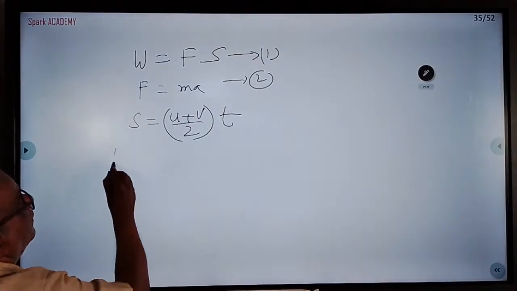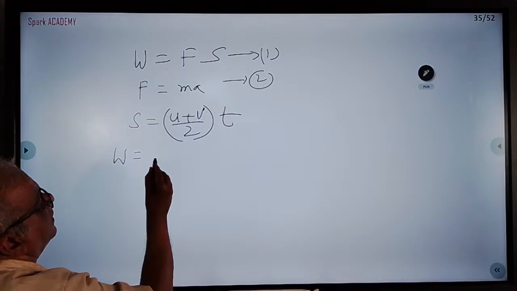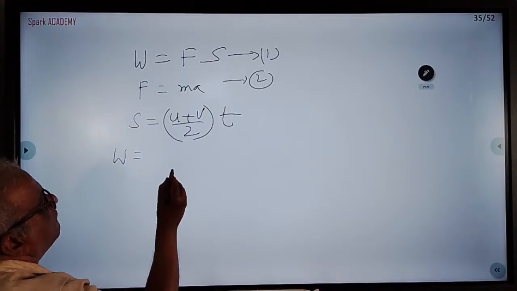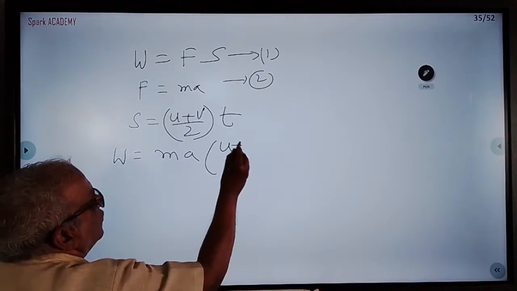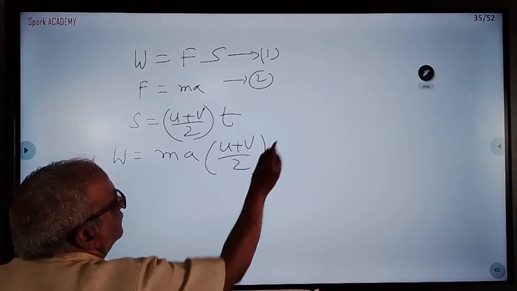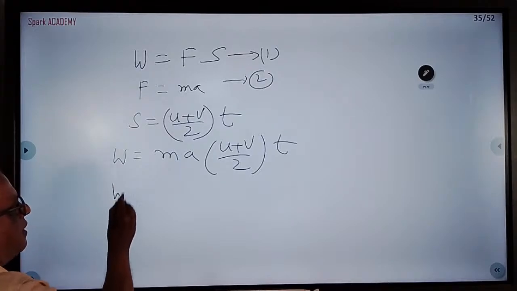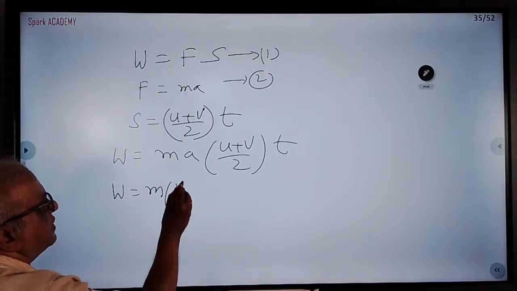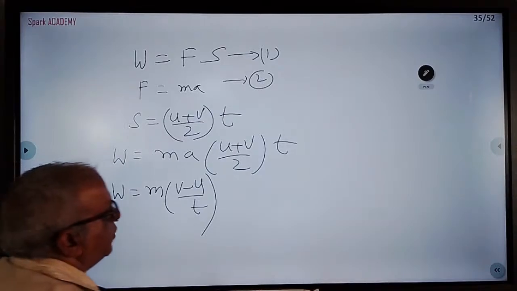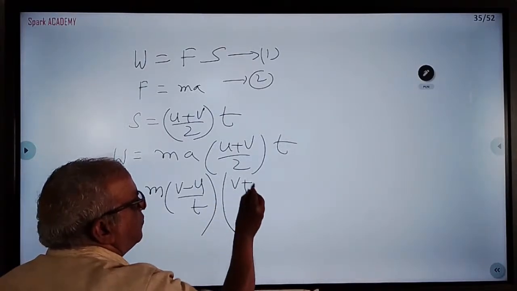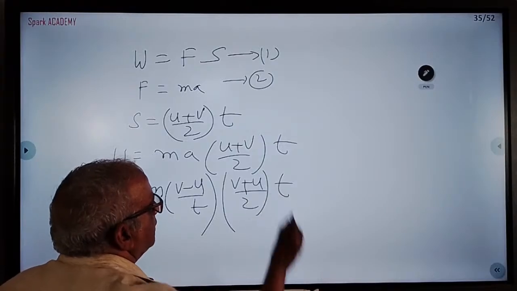Substitute these two in the first equation. F is ma, s is (u plus v)/2 into t. What is acceleration? Acceleration is (v minus u)/t. So W is ma times (v plus u)/2 into t.